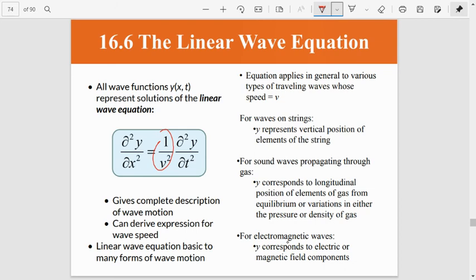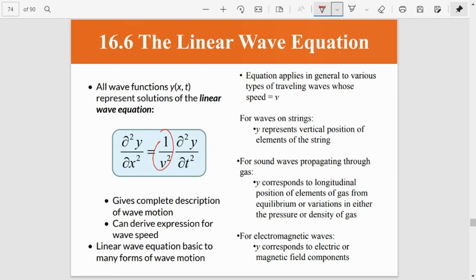For a sound wave, for a longitudinal wave, rather than having y, the function talking about the vertical displacement from equilibrium, the wave function actually talks about how the air particles or the gas particles vibrate left and right as the sound wave moves through them. So rather than talking about oscillations perpendicular to the wave's propagation, the wave function for a sound wave talks about the oscillations of the medium that are happening parallel to the propagation of sound.